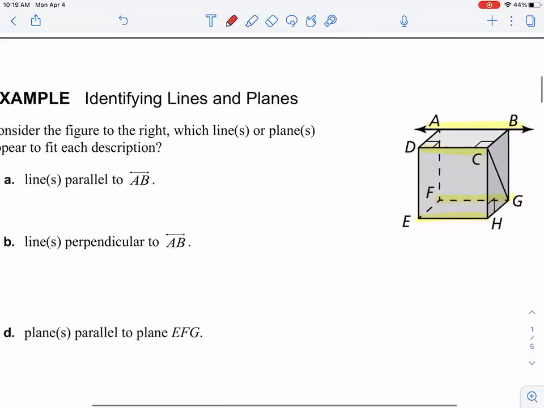So we would say all three of those. We would say DC, and I will put the line above it because it asks for what lines. If we had line DC, line EH, and line FG, those were the three, right?